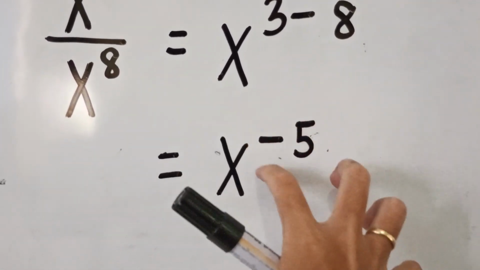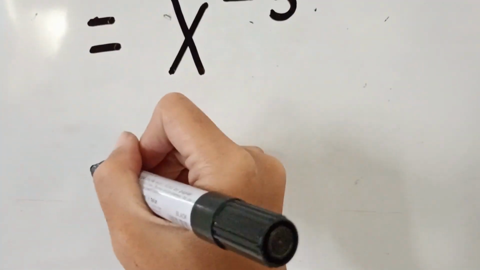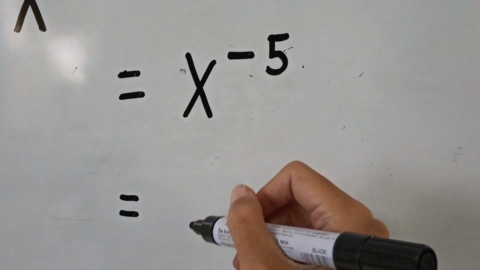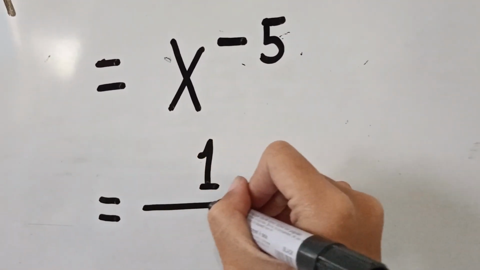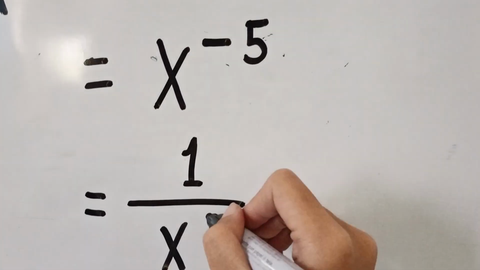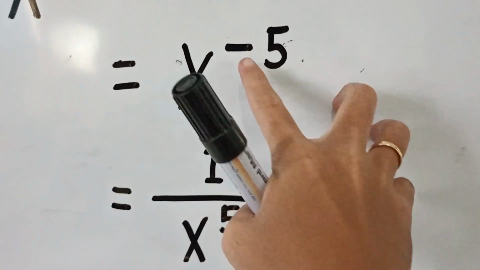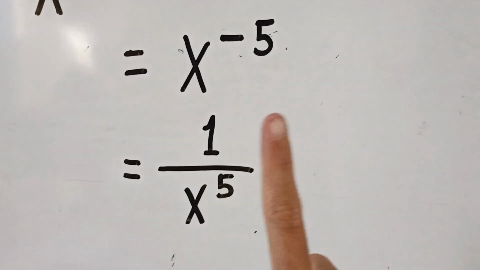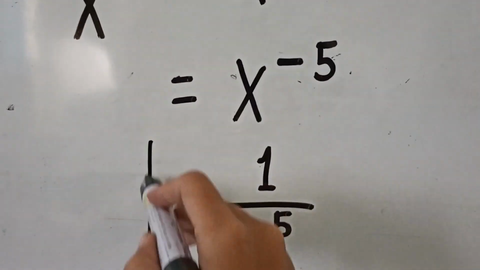However, negative is not allowed in polynomials. So we need to rewrite this one into fraction form. So we're gonna have 1 as the numerator, and we're gonna copy x raised to 5 as the denominator. The negative sign is eliminated already since we transferred it into fraction form.